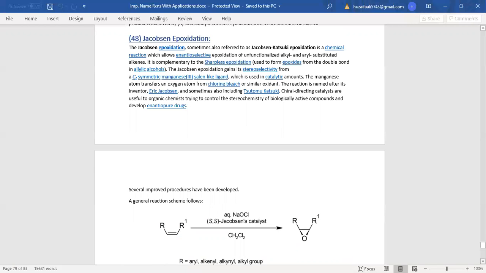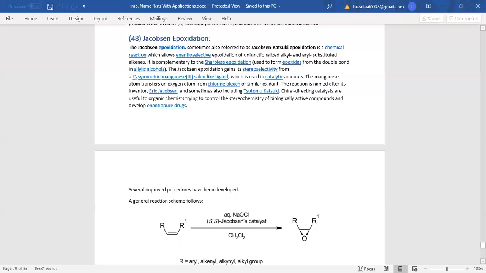The Jacobsen epoxidation gains its stereoselectivity from a C2 symmetric manganese salen-like ligand which is used in catalytic amounts. The manganese atom transfers an oxygen atom from chlorine bleach or a similar oxidant.